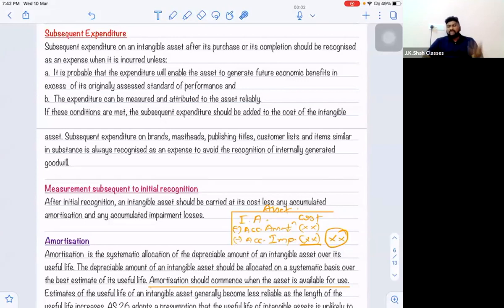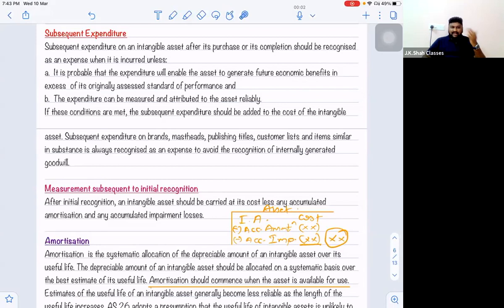Because here these are intangible assets, increasing the efficiency of the intangible asset will not be a correct word. So the correct word should be: it is increasing the earning capacity of the intangible asset. For tangible assets, you can say efficiency is increased, but for an intangible asset, how can I increase the efficiency? So I am talking about the efficiency of earning.